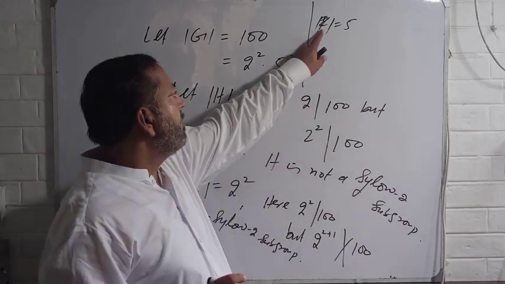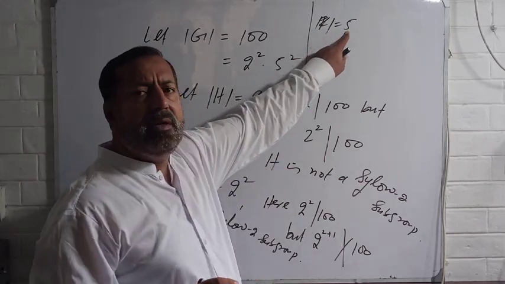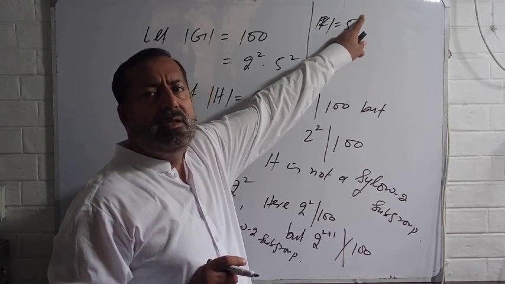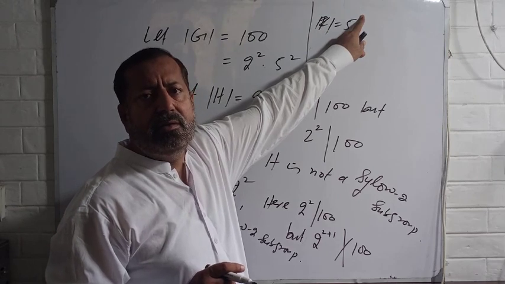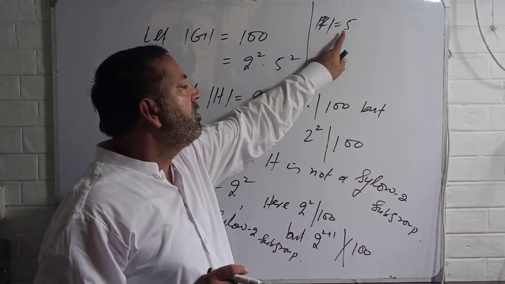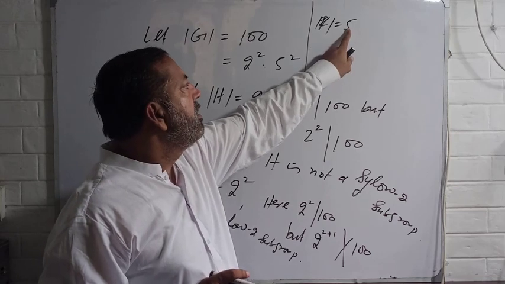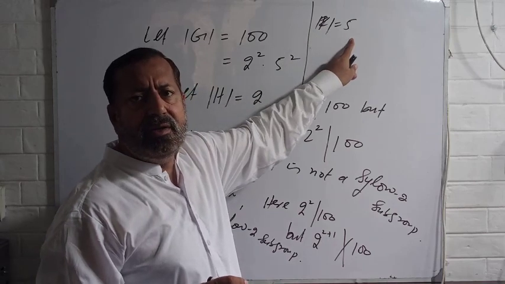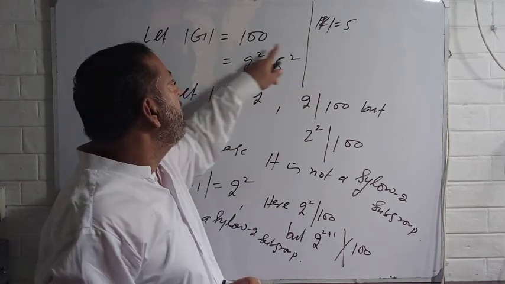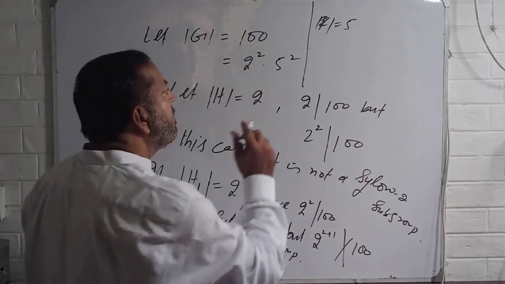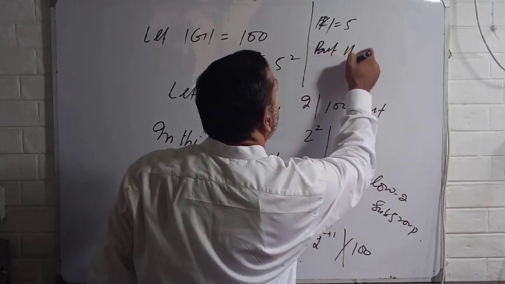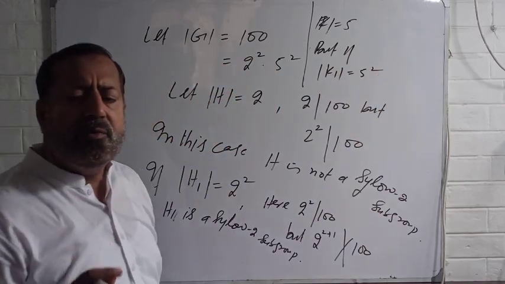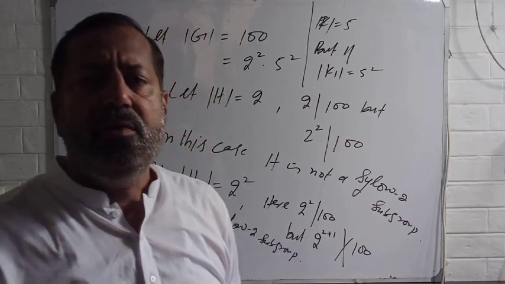We are saying that if order of k is 5 and the power of 5, that is 1, is the highest power which is dividing 100, then it is a Sylow-5 subgroup. But you see that 5 square is also dividing 100, so any group of order 5 is not a Sylow-5 subgroup in a group of order 100, right? But if order of k1 is equal to 5 square, then of course k1 is a Sylow-5 subgroup.